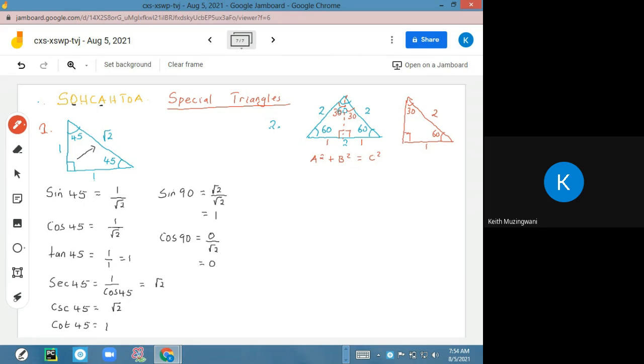A is unknown, so we have a squared is equal to c squared minus b squared. So c squared is 2 squared minus 1 squared. This is 4 minus 1, which is 3. So a is going to be root 3. So we have root 3 on this side.